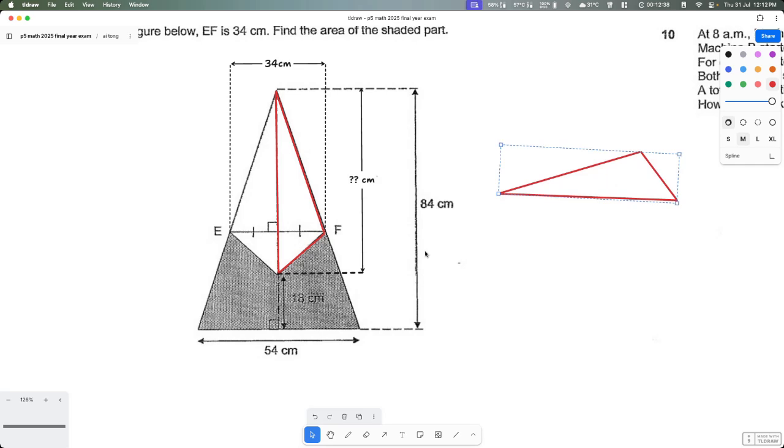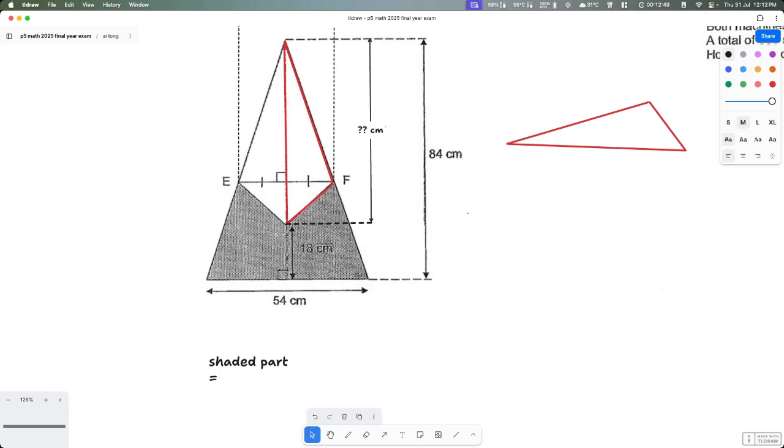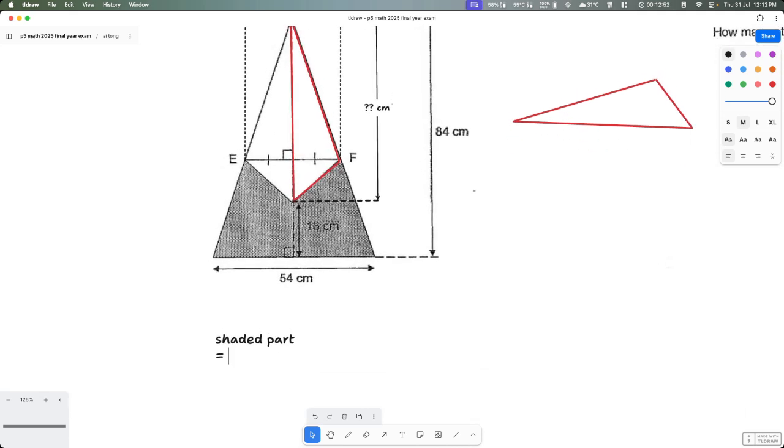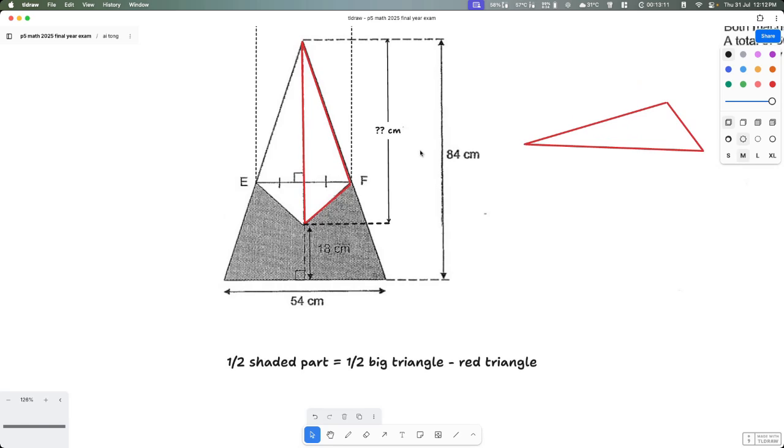Basically, the shaded part, let's say half of the shaded part, because I want to focus on the half, is equal to the half of the big triangle minus the red triangle. Okay, if you know that, then great.